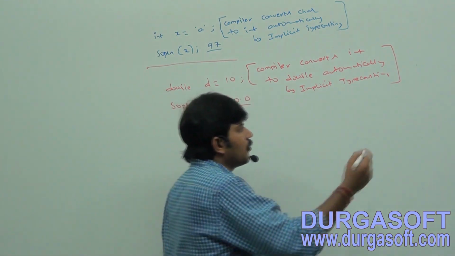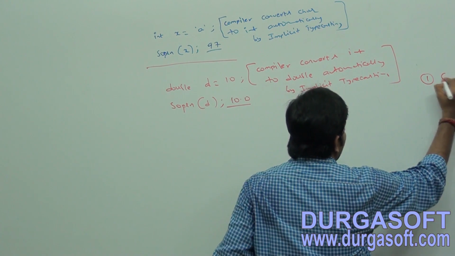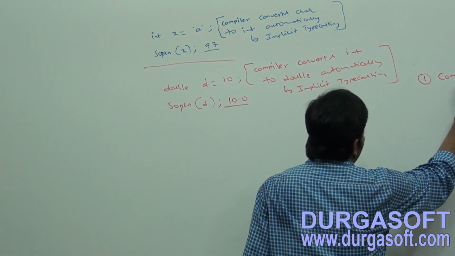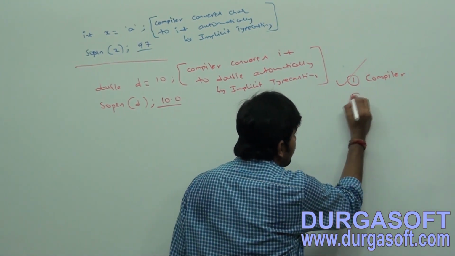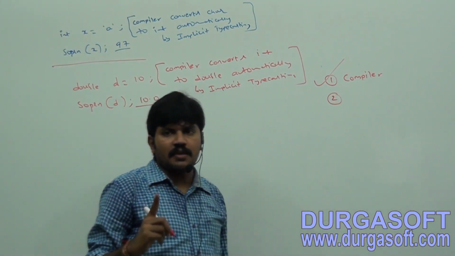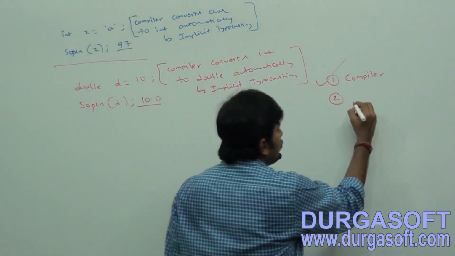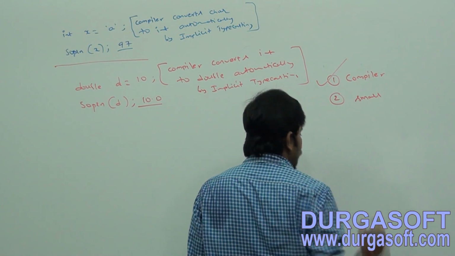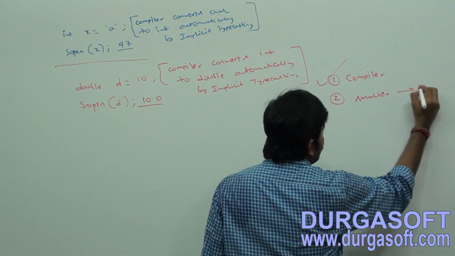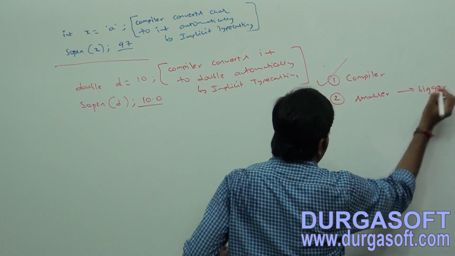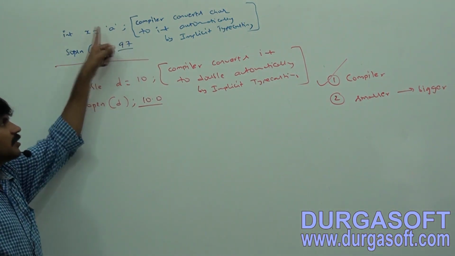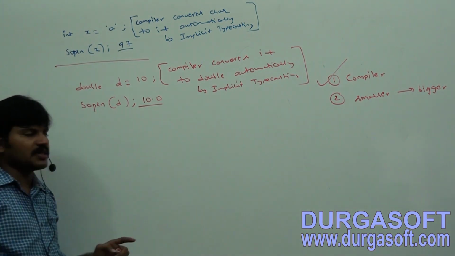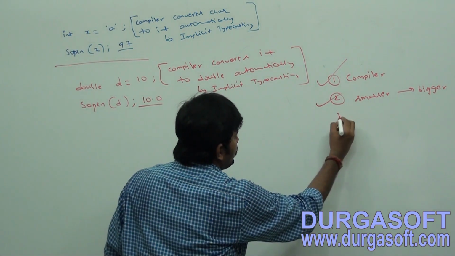Now the first conclusion: who is responsible to perform implicit typecasting? The compiler. Second, when will implicit typecasting be performed? Smaller data type value to bigger data type variable.